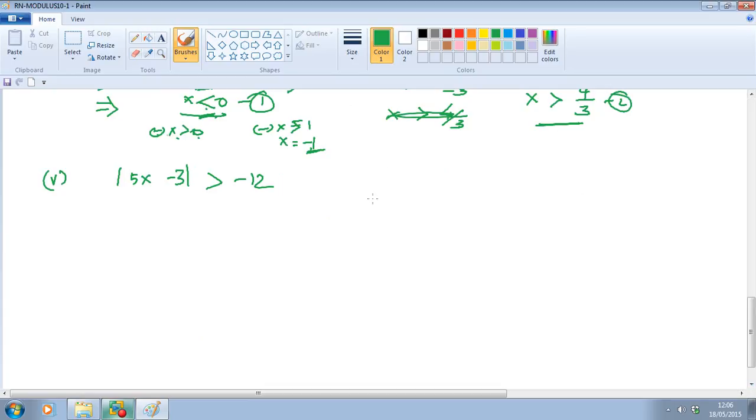Modulus of 5x minus 3 is greater than minus 12. So that means 5x minus 3 is greater than minus 12.